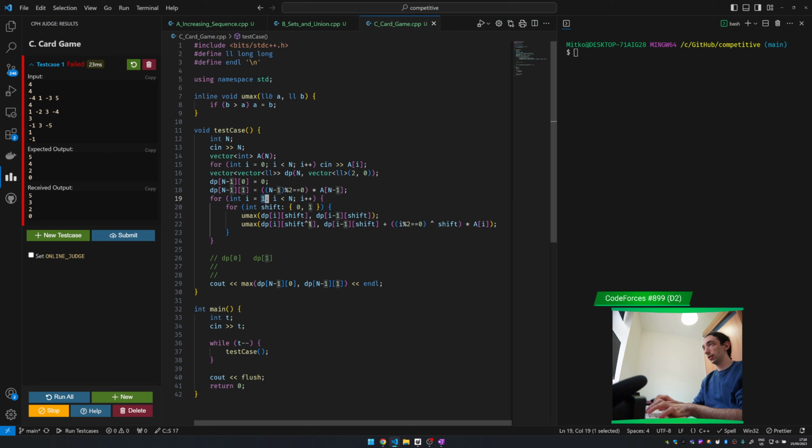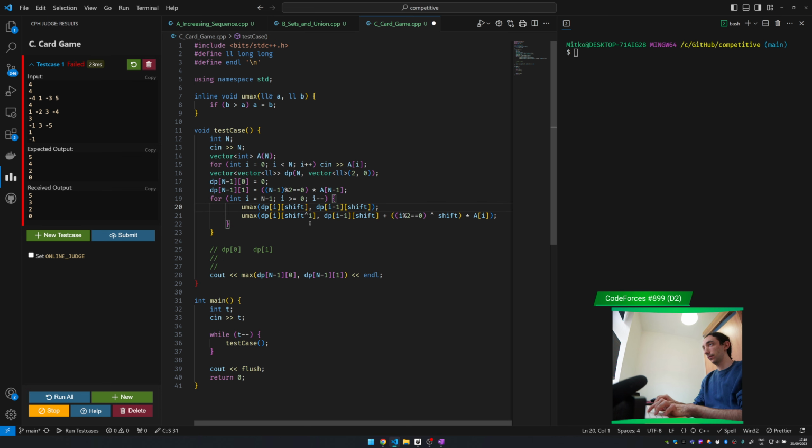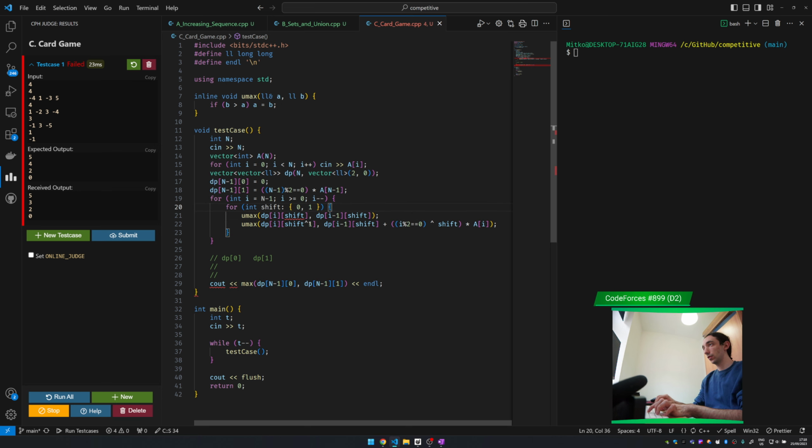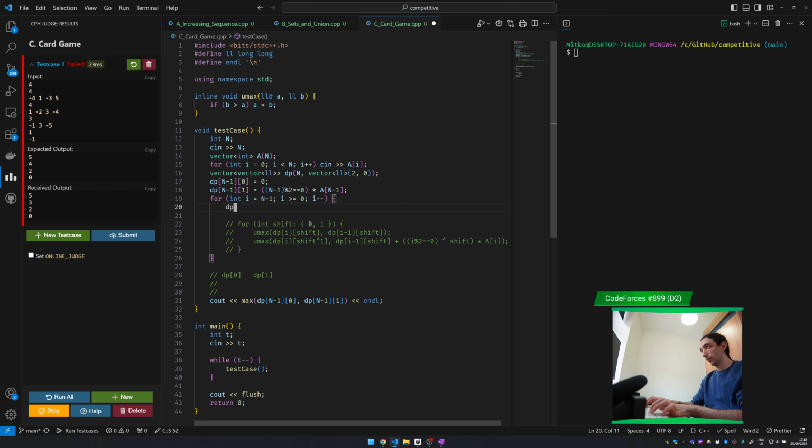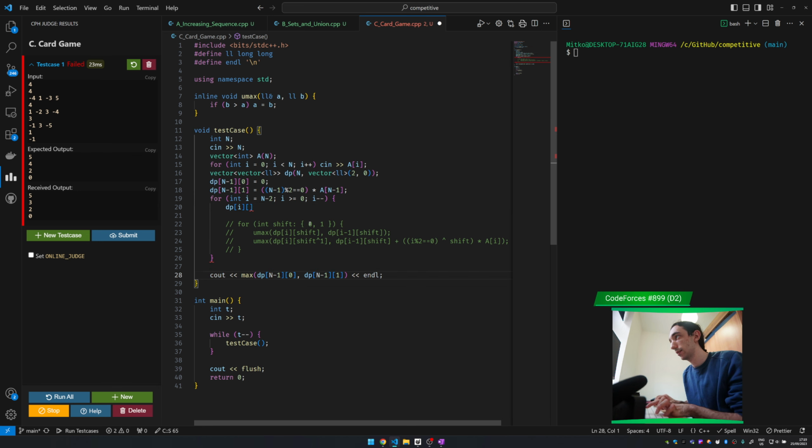Then we start at n minus 1. We go to 0 and we say a little bit different. We say dp of, okay, we don't start n minus 1 but n minus 2. The maximum will be of dp of 0 and 0 and dp of 0 and 1.